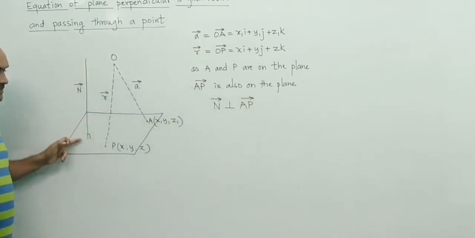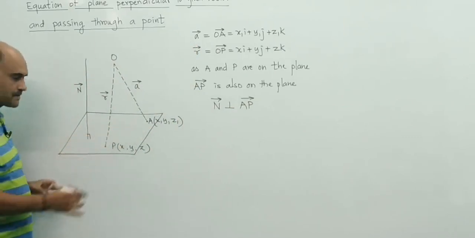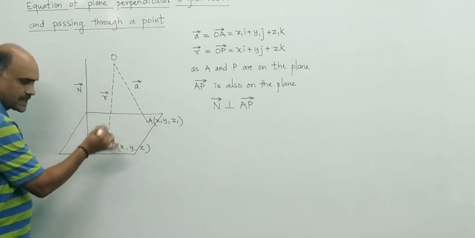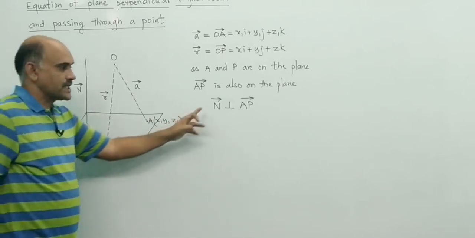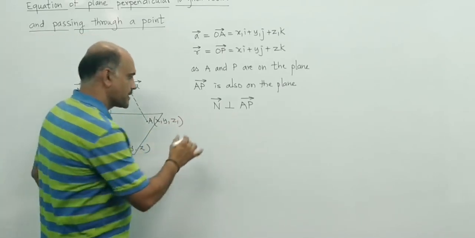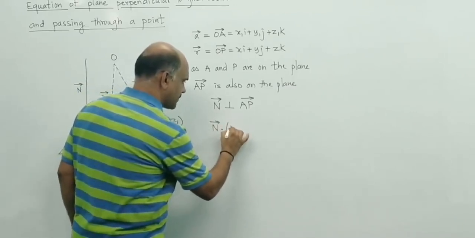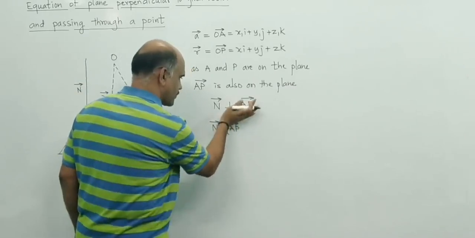So n is perpendicular to this vector, or if you want you can join AP. So the condition for two vectors to be perpendicular is n dot AP is equal to 0.